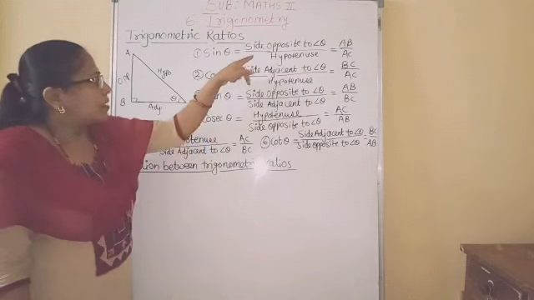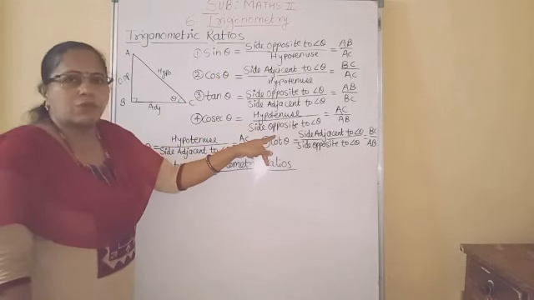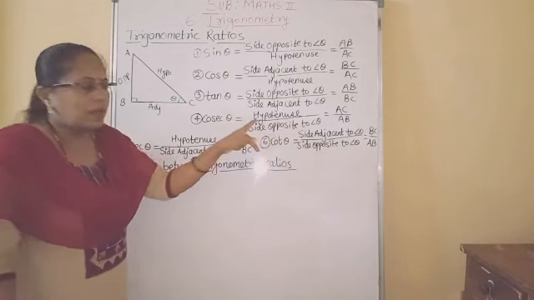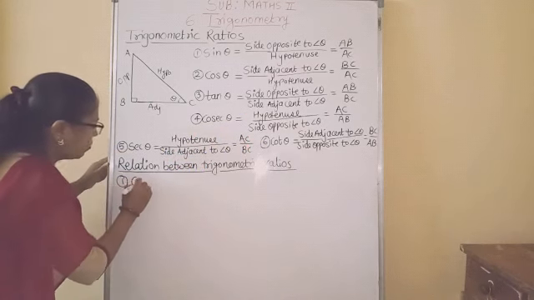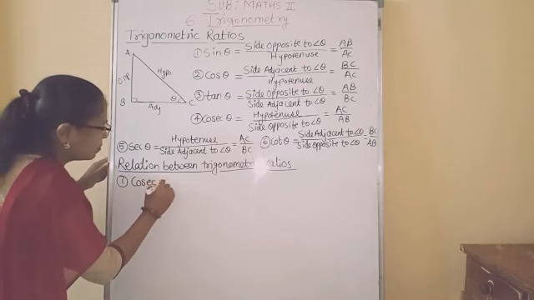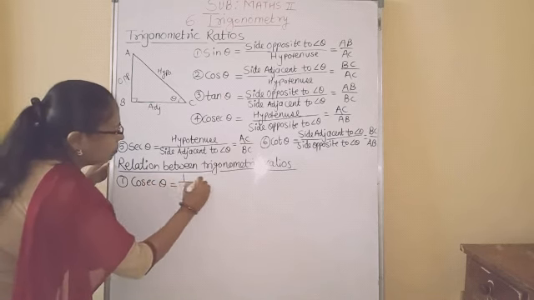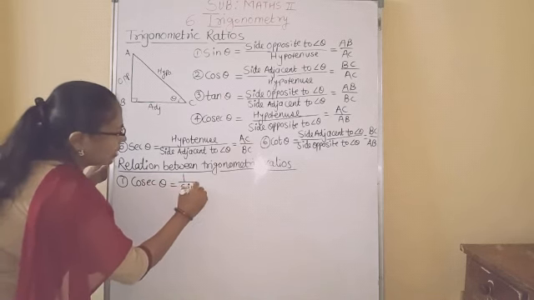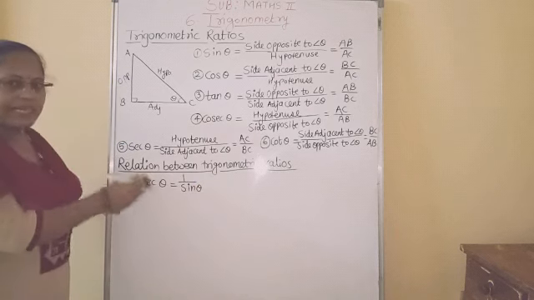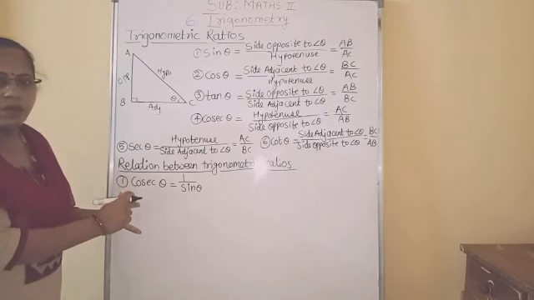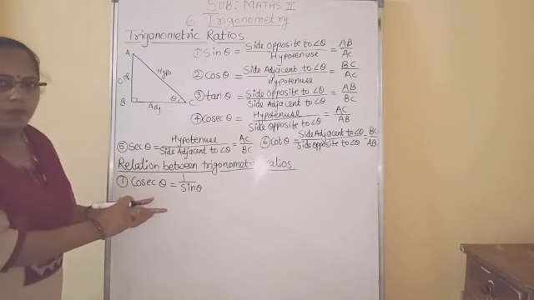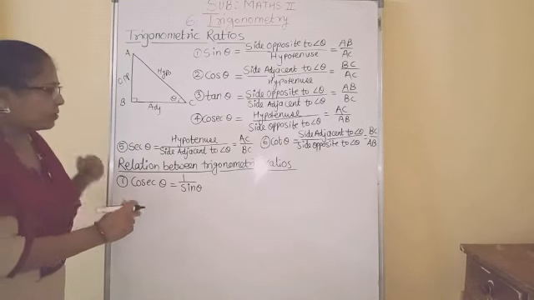So we get the first relation: cosec theta is equal to 1 upon sin theta, or vice versa, sin theta is equal to 1 upon cosec theta. Understood? This is the first relation.